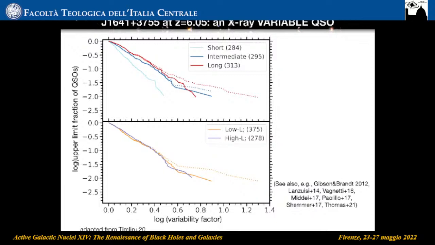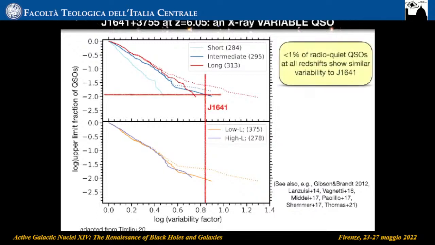So we have short, intermediate, and long separations between the epochs, which means about days, months, and years. In this plot, J1641 is somewhere here, which means if we compare this position with these curves, we see that less than 1% of all quasars in the universe are as variable as J1641 at redshift of 6.